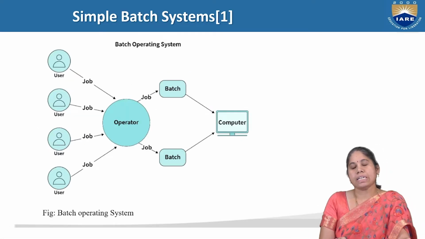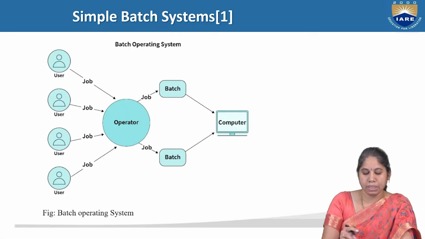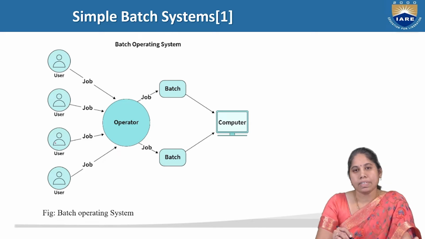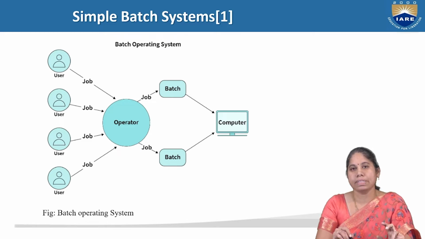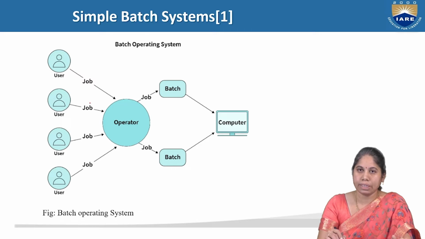If you observe the architecture of the batch operating system, here these are different users. Take an example even today: if you want to print 100 pages or 1000 pages, what will you do? You simply go to some shop and submit your job. If any other person has a similar kind of job, then the operator will pull the jobs together and give them to the printer for printing.